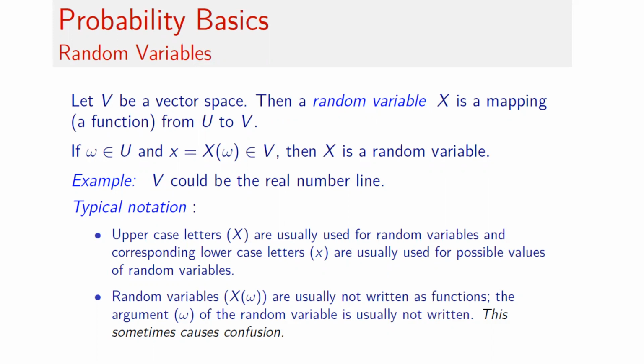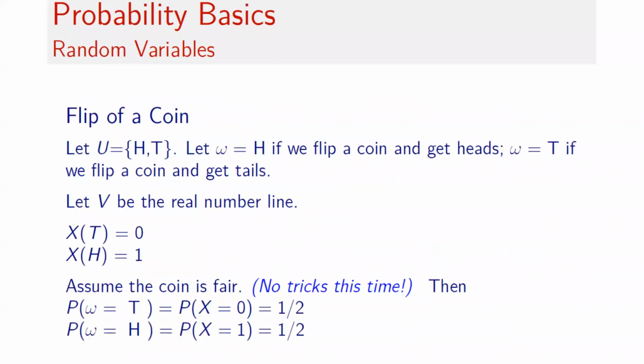Sometimes this can make confusion, so you need to have this in your mind, because some books have this interpretation and others not. Now let's see one example to see what a random variable means.